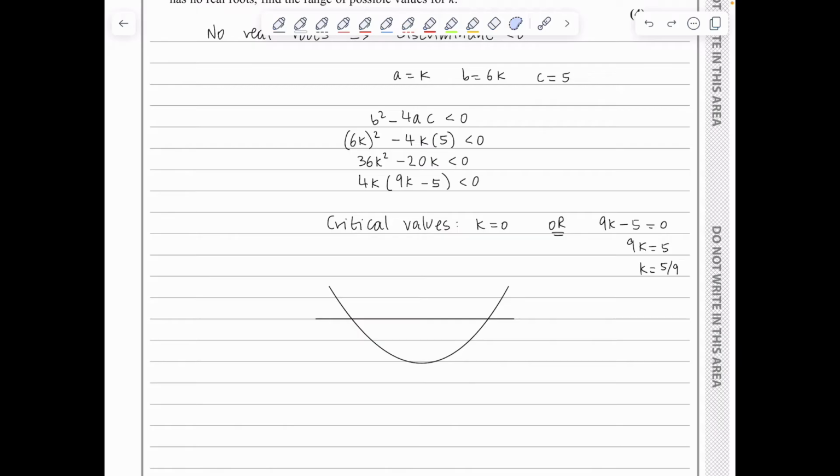It's a smiley face because the coefficient of k squared is positive. So we've got the critical value at 0 and 5 over 9. We can see that it goes plus, minus, plus. We want to be less than 0, so we want to be in the middle. So we take the inside region and we conclude that 0 is less than k, which is less than 5 over 9.